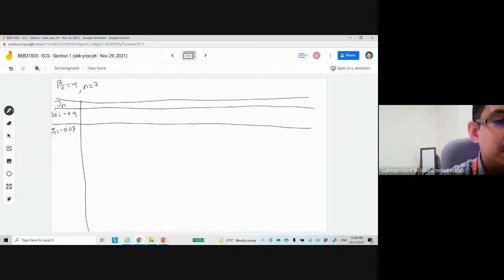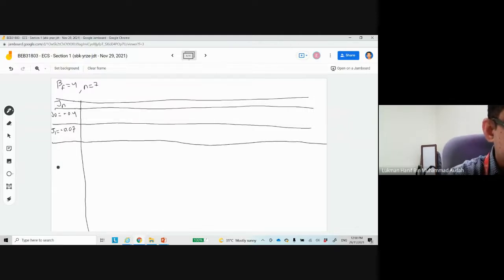Sila lihat table baru you nampak. Ini sebab saya dah lihat table tadi, so saya terus buatlah. J2 bersamaan dengan minus 0.36.